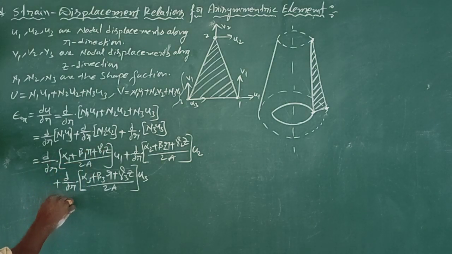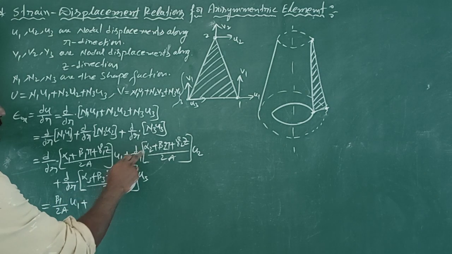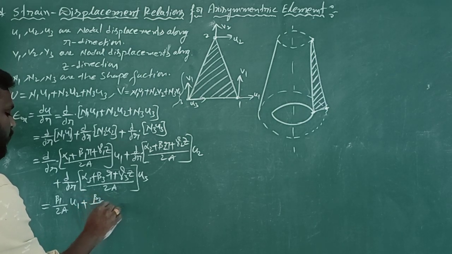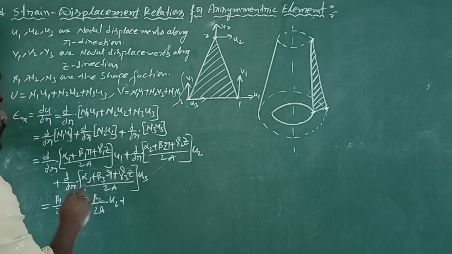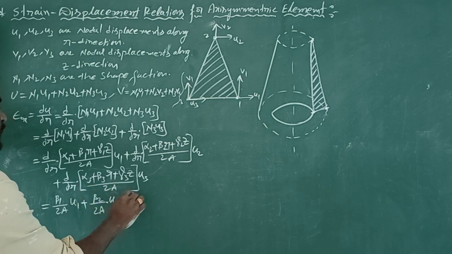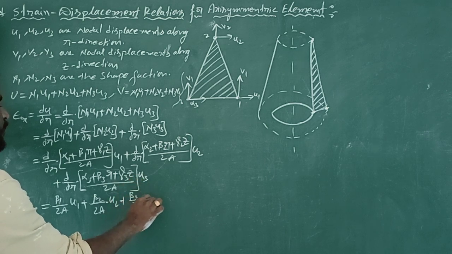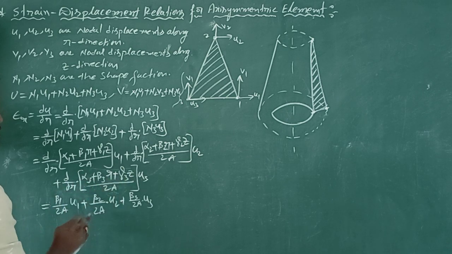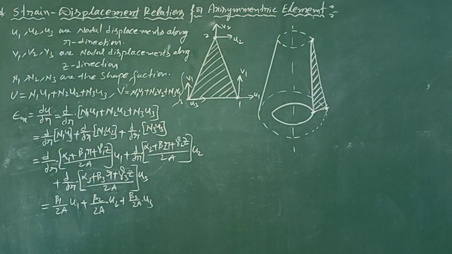That is beta 1 by 2a into u1 plus beta 2 by 2a into u2, plus beta 3 by 2a into u3. Okay, so finally I got this equation.